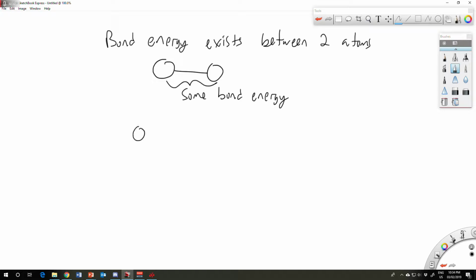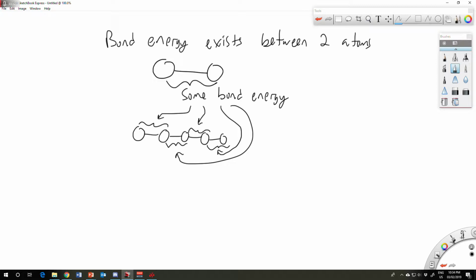If you have a compound composed of multiple bonds, like some of the large organic molecules we dealt with in Chem 11, then the bond energies would be unique to each specific bond. Each of those bonds has its own bond energy, and in order to break that chemical bond, you need to give it some energy to break the bond, and then when the bond gets broken, they will release energy.